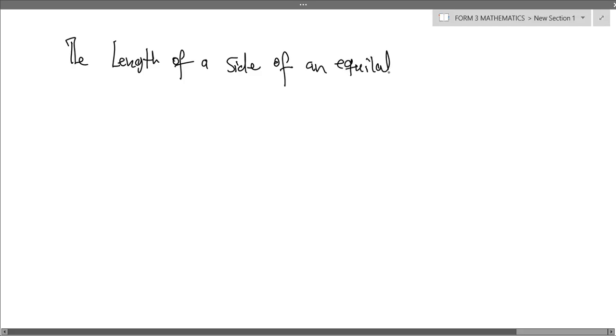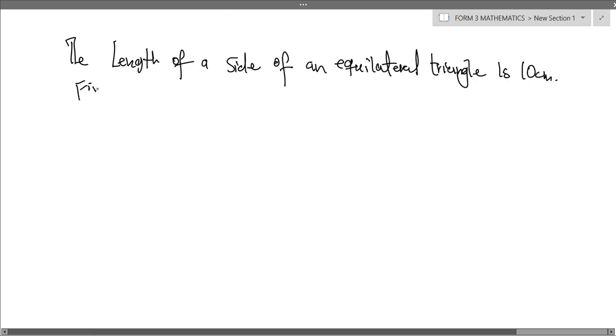So look at this question. The length of a side of an equilateral triangle is 10 centimeters.